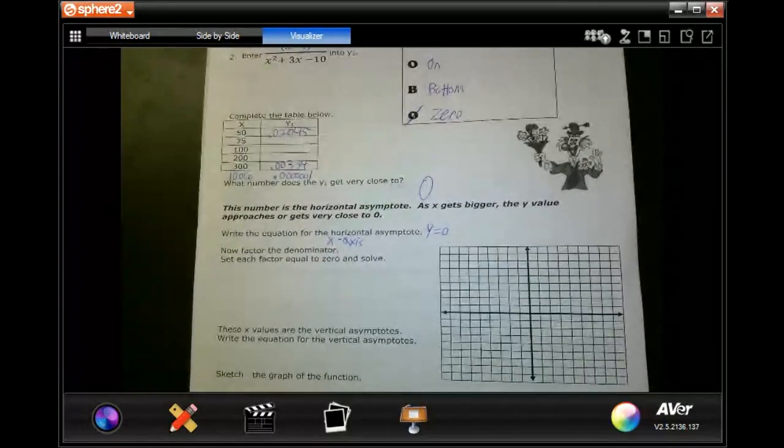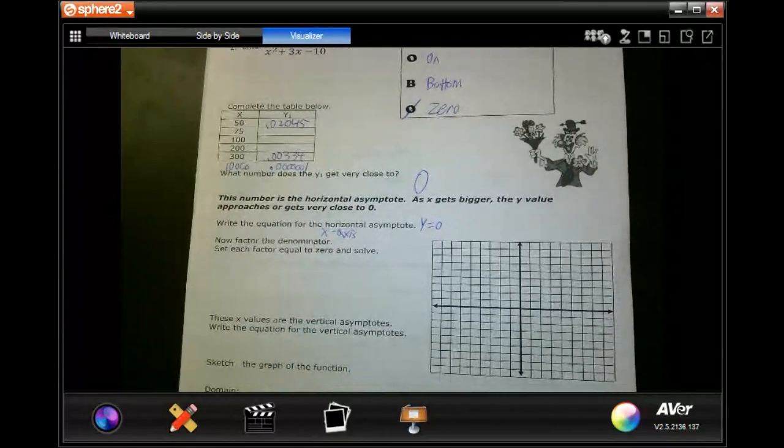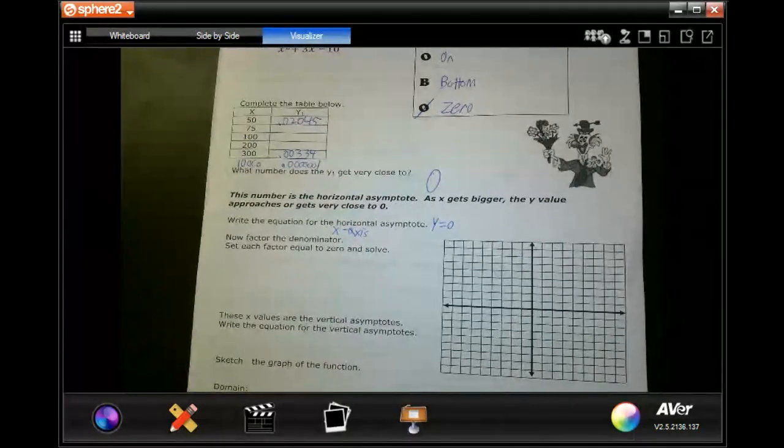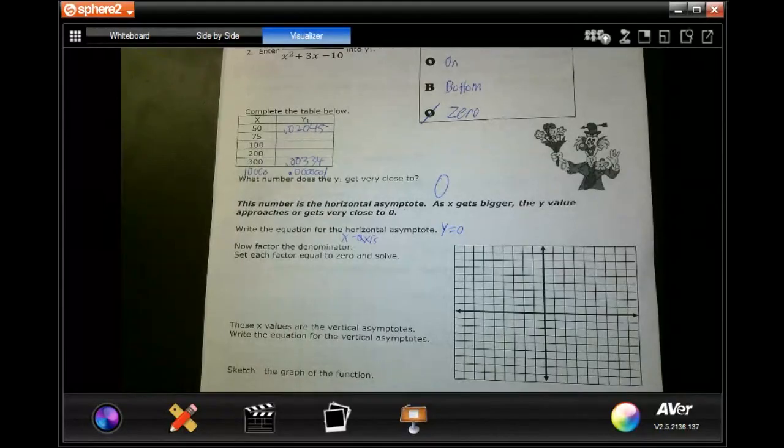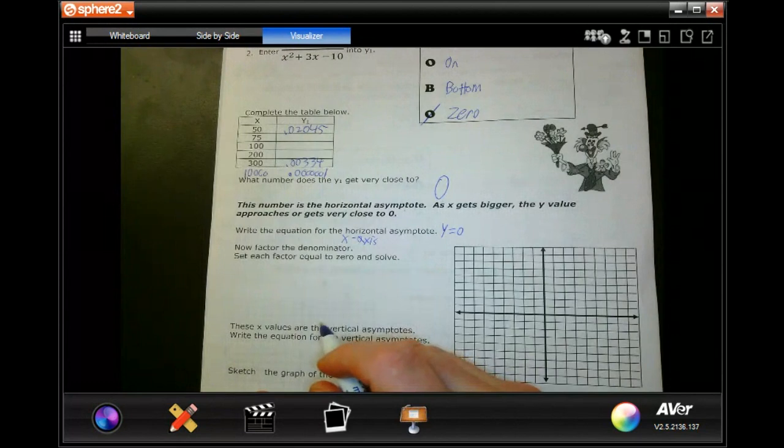Okay. Factor the denominator. What did you guys get here? What are your factors? What were the factors?